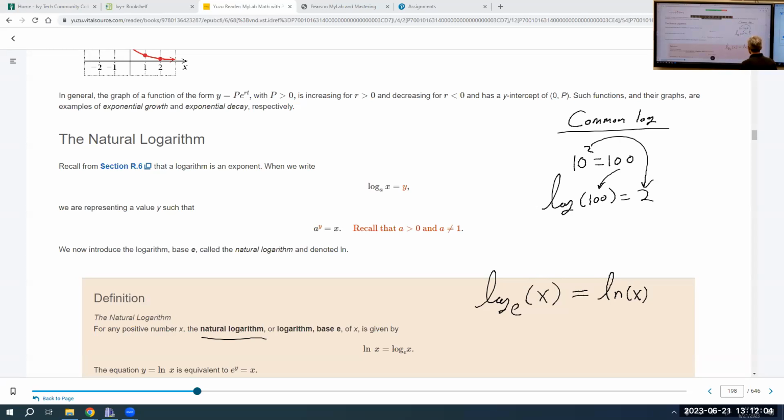Okay, so you will see that on your calculator as well, somewhere. Natural log. Okay, so you should see on your calculator a log button and an ln button somewhere. Somewhere on our calculators, those are there. And we need those. We're going to need those buttons.